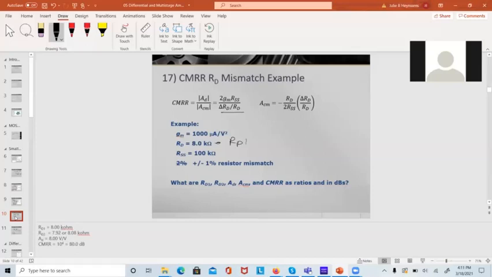RD2, let's say it went plus 1%, so it would be 8K plus 0.01 times 8K, 1.01 times 8K, so this is 8.08K ohms, would be my other resistor, RD2.